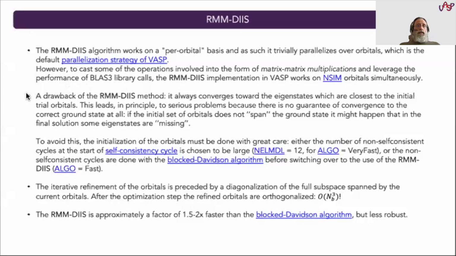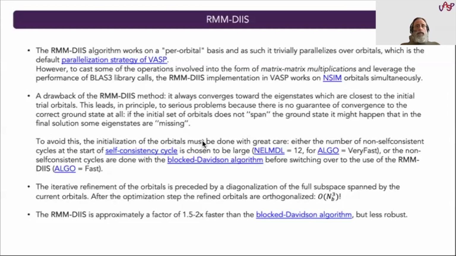A drawback of the RMM-DIIS method is that if you optimize a state, it will always converge to the eigenstate that is closest to it. So in principle, you will converge to those states that are spanned by your initial orbitals. So you need to have a way of constructing good initial orbitals before you can rely on RMM-DIIS. Otherwise, it might miss certain eigenstates.